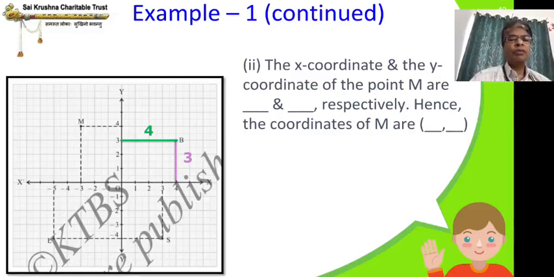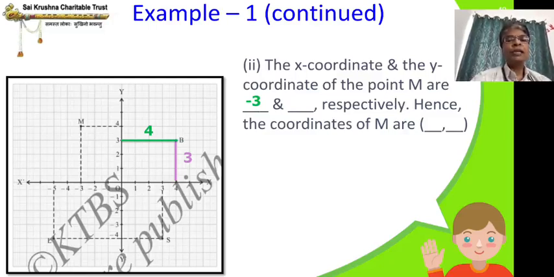I think some of you would have got it. If you see, the x coordinate is the distance from y axis to M, that is minus 3. Why? Because it is in the negative direction. Some of you probably would have put 3, does not matter. When you go to the next point you will be able to understand properly.